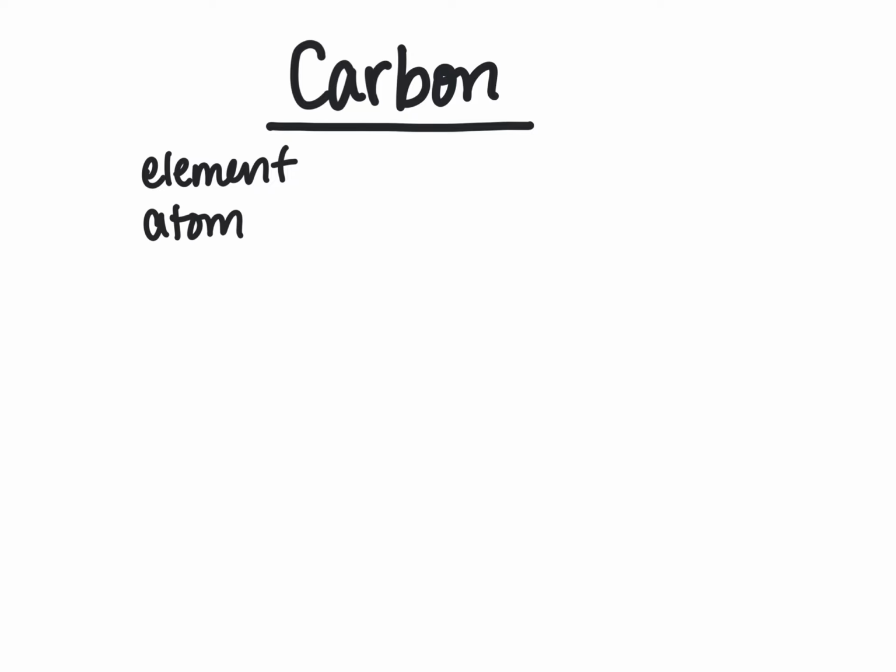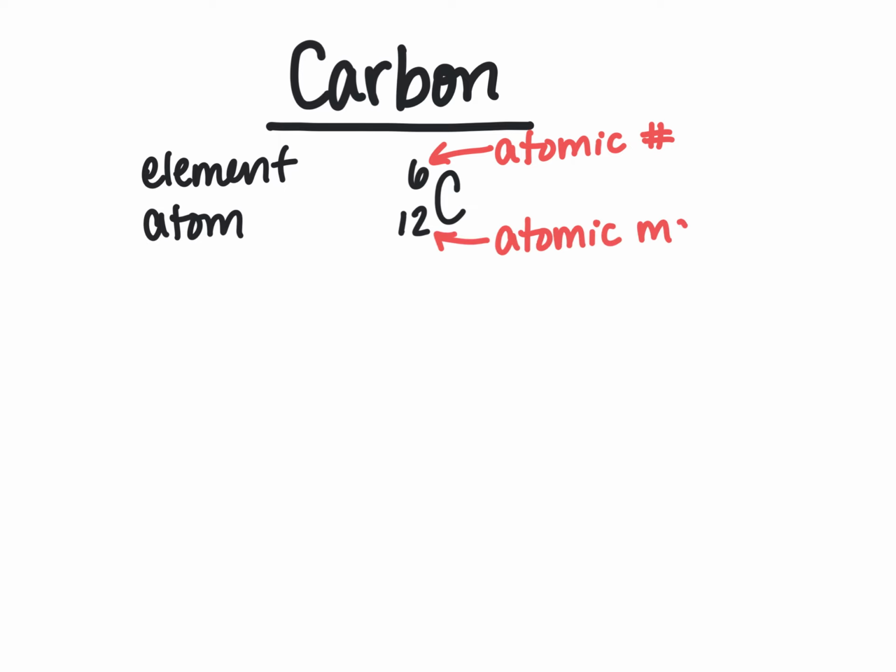If you were to look on the periodic table, carbon has an atomic number of 6 and an atomic mass number of 12. And these numbers give us some important information about what is happening with an atom of carbon.